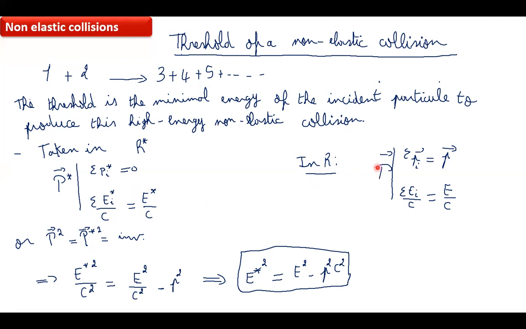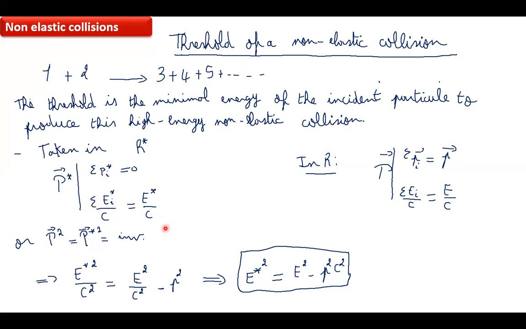In R, we have the sum of 3D momentums, which is the total 3D momentum, and the sum of energies over C, which is the total energy over C.